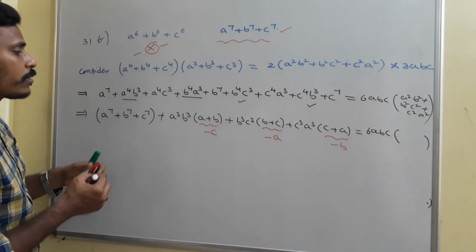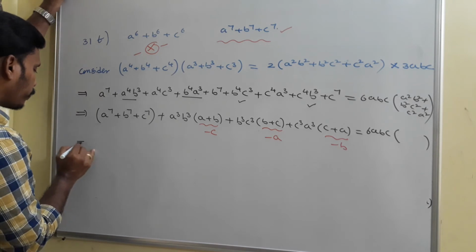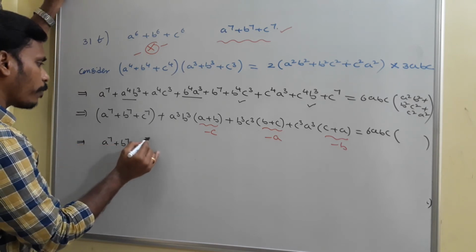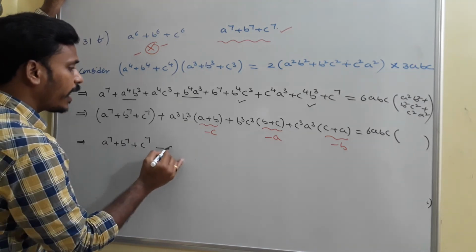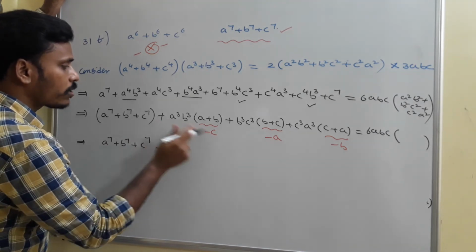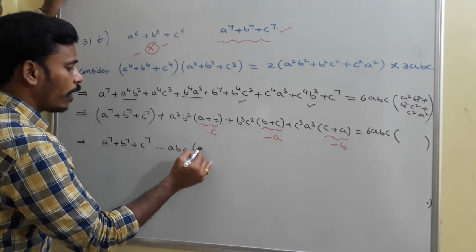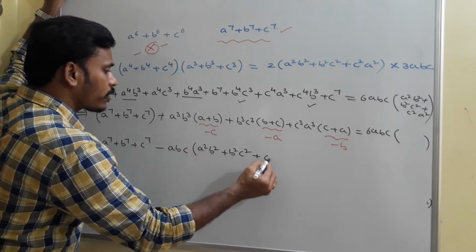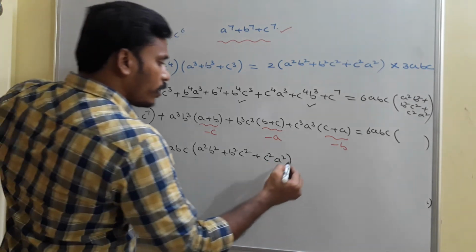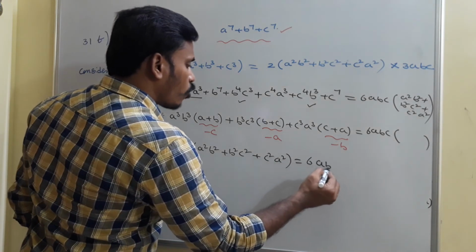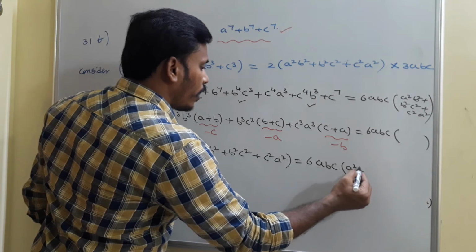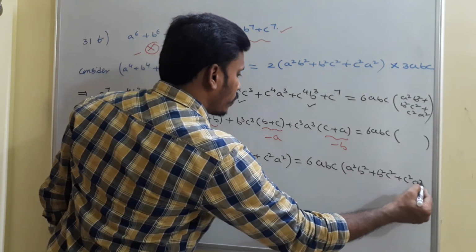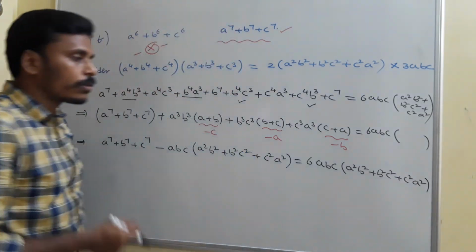In these 3 terms, we take out abc, and then what remains is a square b square plus b square c square plus c square a square. Just think once.